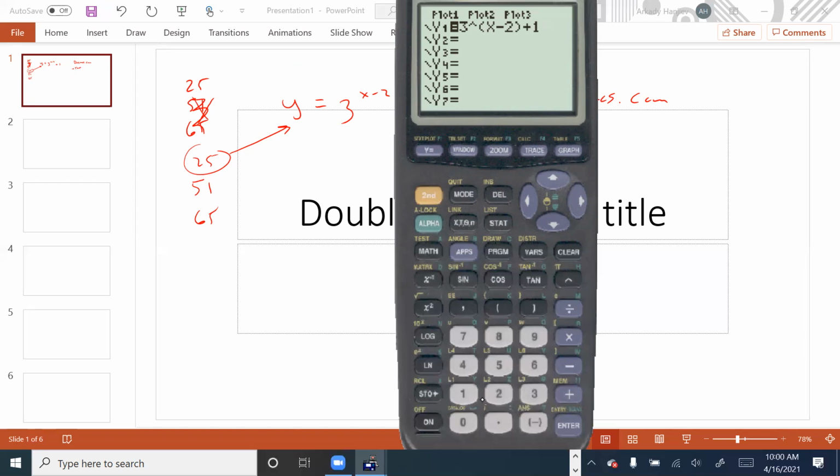It's holding the exponent inside its own little space. Then I usually go to zoom, zoom standard, number 6. So clicking on 6, and there it is.